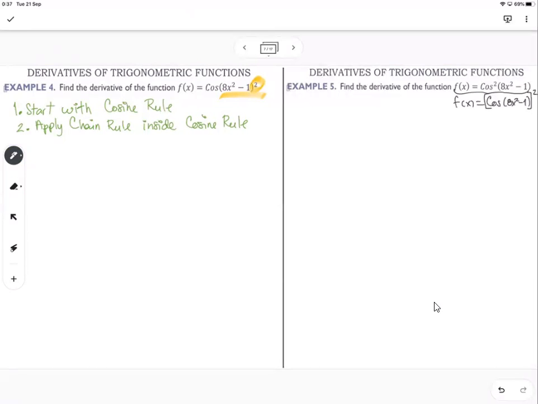Everything raised to the second power. Okay?